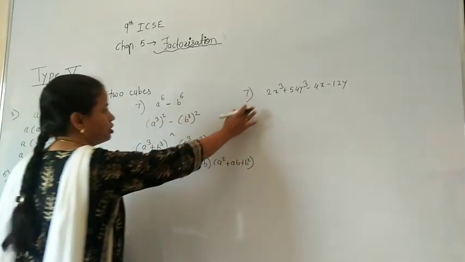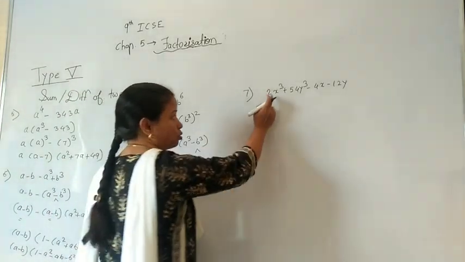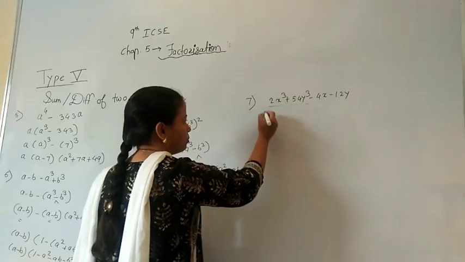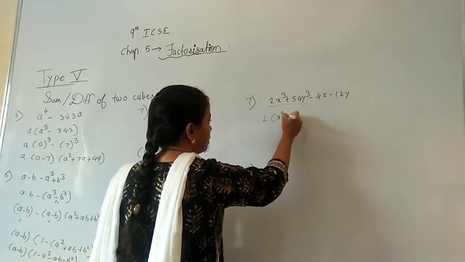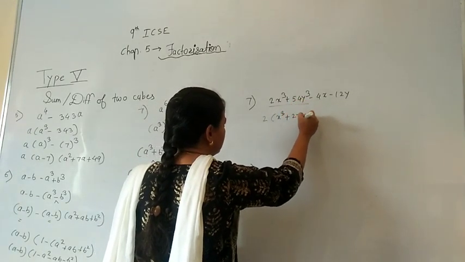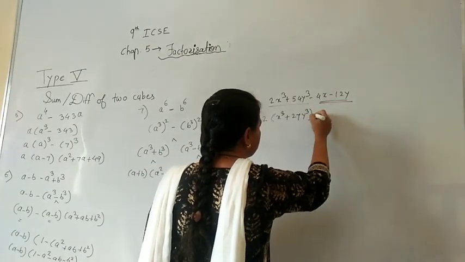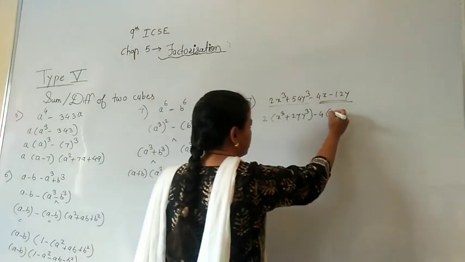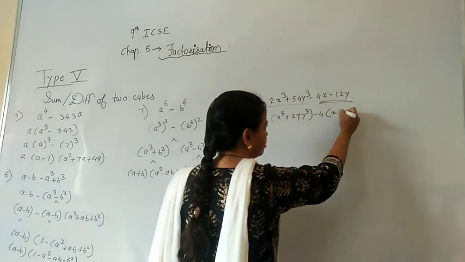Okay, moving towards this question now. We want cube. So 2 is not a cube as well as 54 is also not, so take common, so that we are getting complete cube. x cube plus, divided by 2, means we are getting 27 y cube. And from these terms we are taking minus 4 as common. Minus 4, so that this sign will change. So x plus 3y.